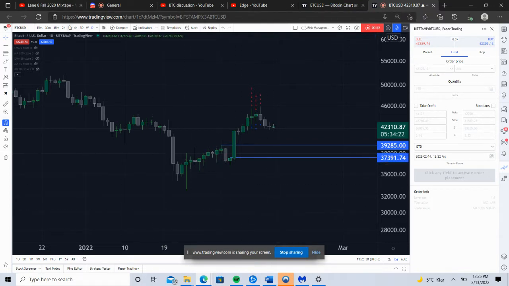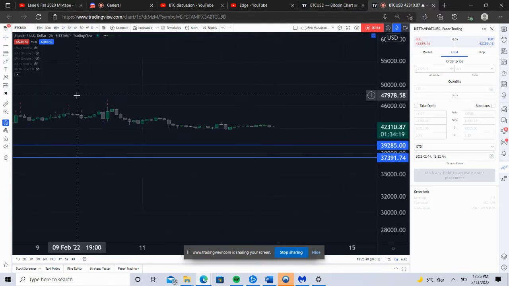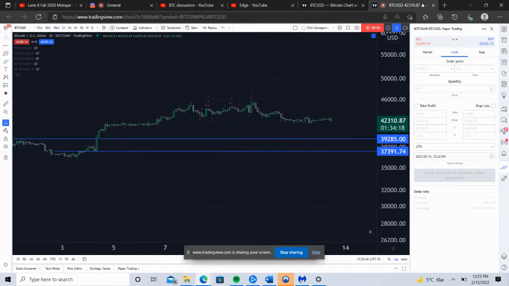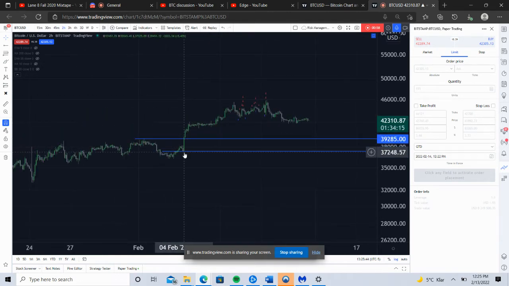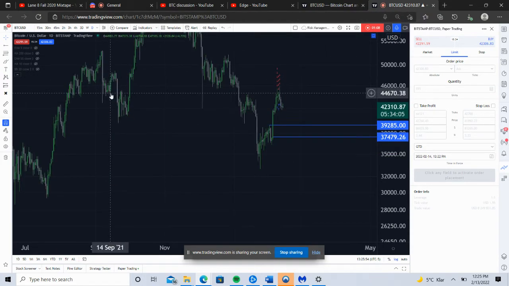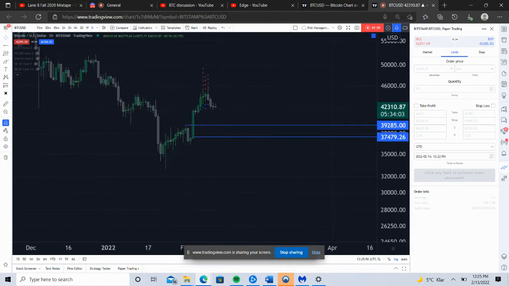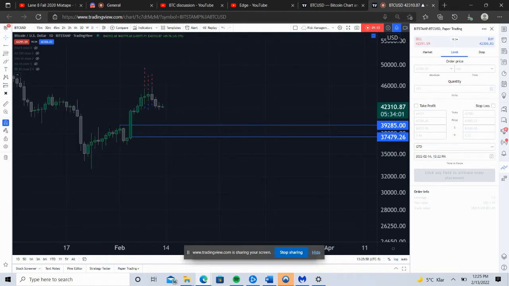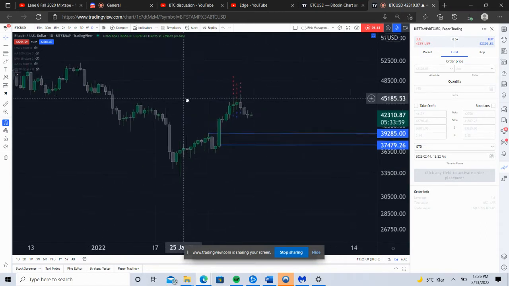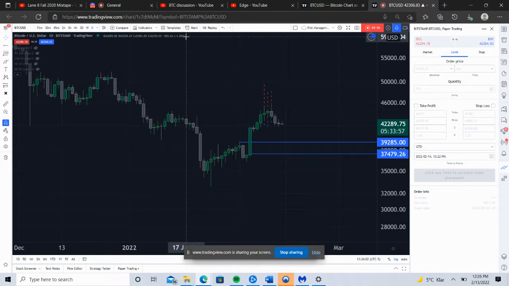So we could go down to a 2 hour to refine it a little bit, but it's actually the same level on a 2 hour as it is on the daily, right? So that's pretty interesting. Usually it's a little bit different, but this is exactly the same level as we have on our daily chart. So that gives me a good deal of confidence that it is in fact the level we're looking for.